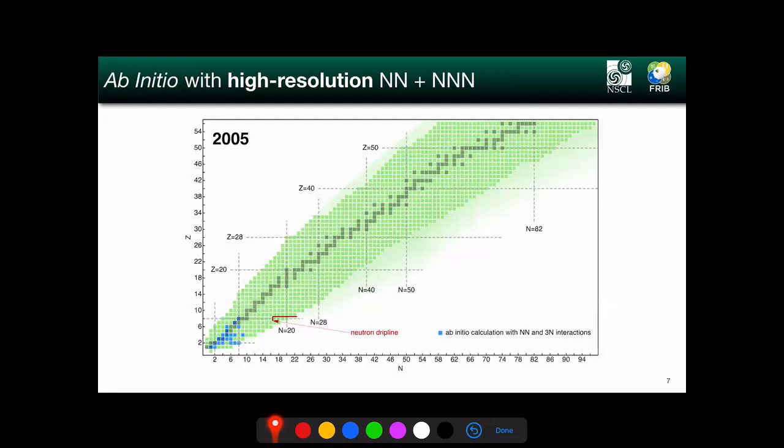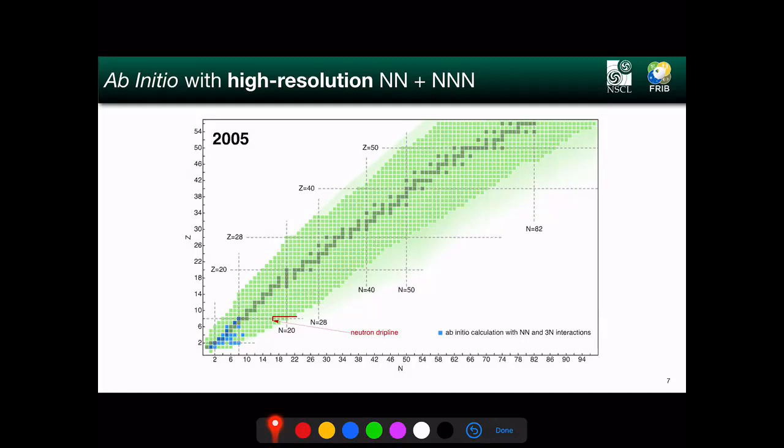Now let's circle back to low resolution theories. And to kind of motivate that, let's look at a plot that a lot of you have probably seen now, thanks to Heiko Hergert, that shows the impressive progress that's been made in ab-initio calculations of medium mass nuclei, thanks in large part to the influx of these low resolution nuclear Hamiltonians.